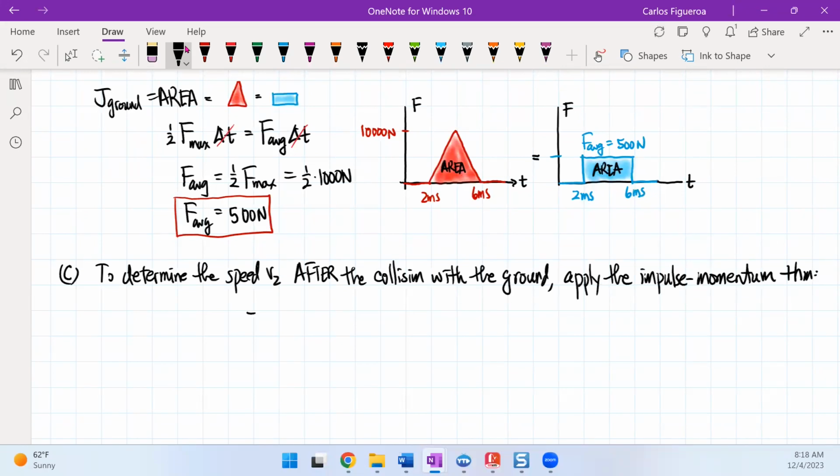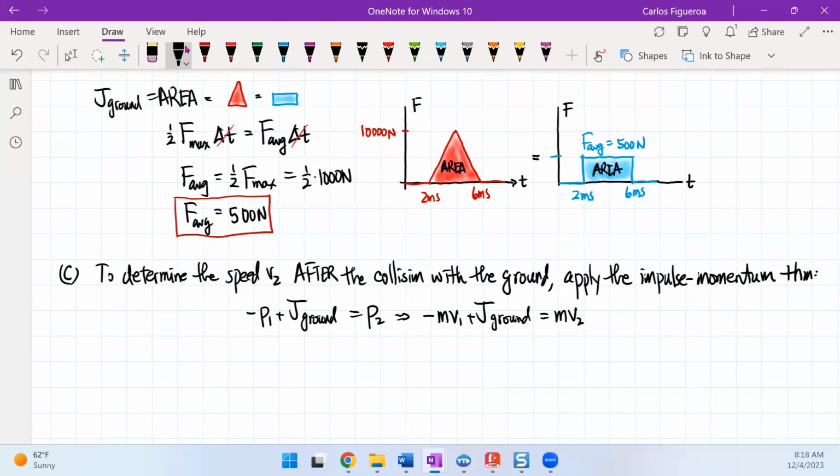We said that this was minus P1 plus J of the ground equals P2. We can then write this as minus m v1 plus J of the ground equals m v2.